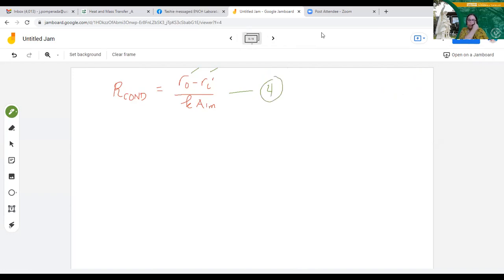Now, where are you going to get the thermal conductivity of steel? In your Perry's Chemical Engineers' Handbook, you may have the thermal conductivity of steel read from a property table. For us to get it in a faster way, I will show you in the slide which particular appendix in Geankoplis you can read that from.